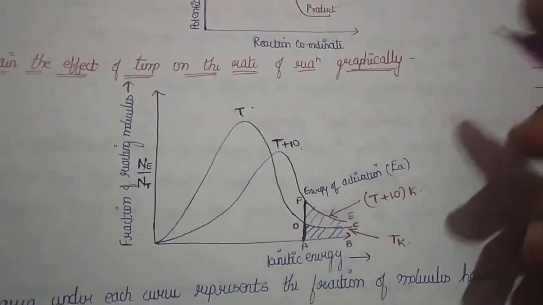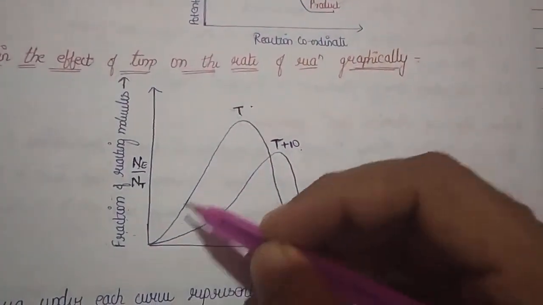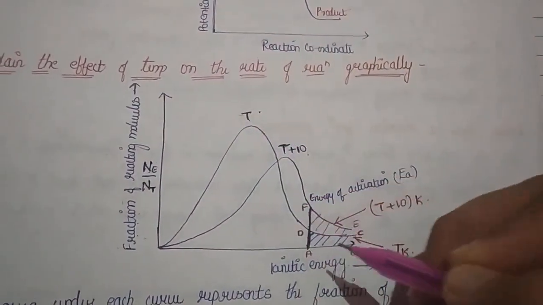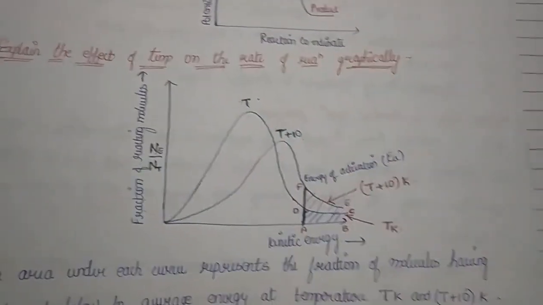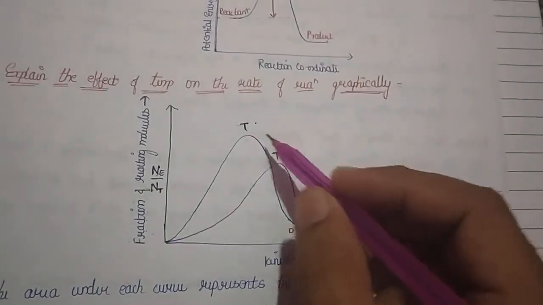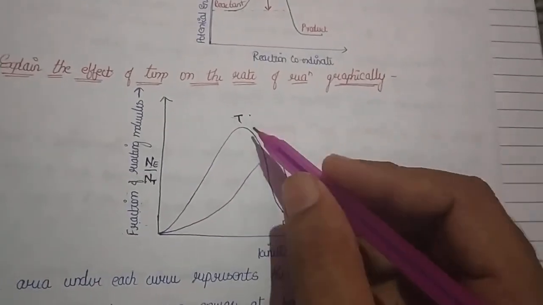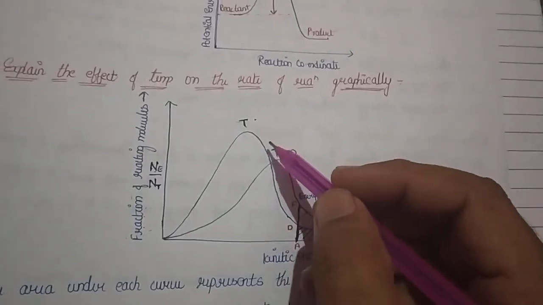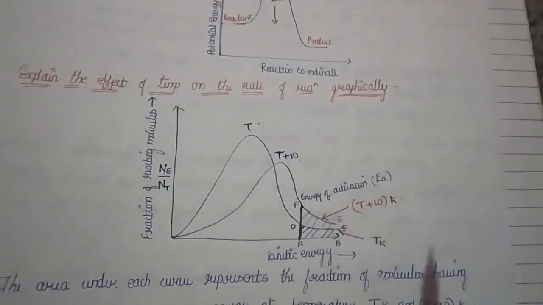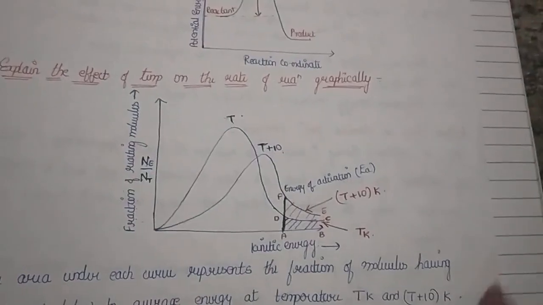If you pay attention here, this is my first graph, which I have obtained at a temperature of T Kelvin. Remember, in this graph, whatever the peak is, it corresponds to the most probable kinetic energy.